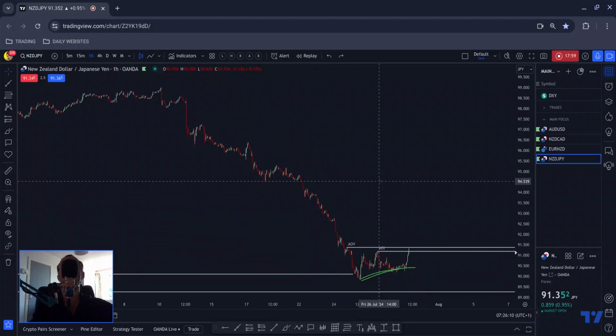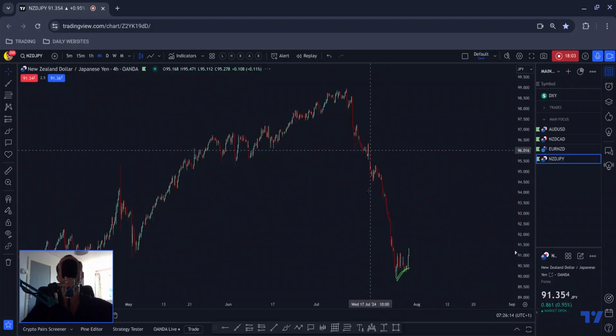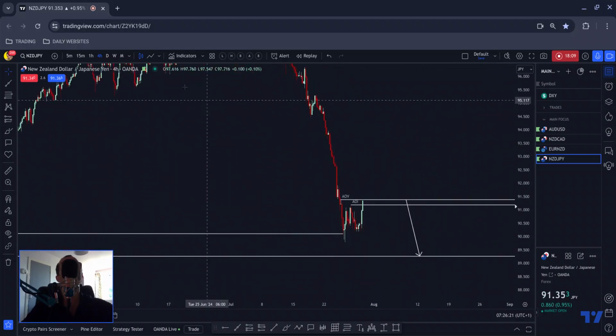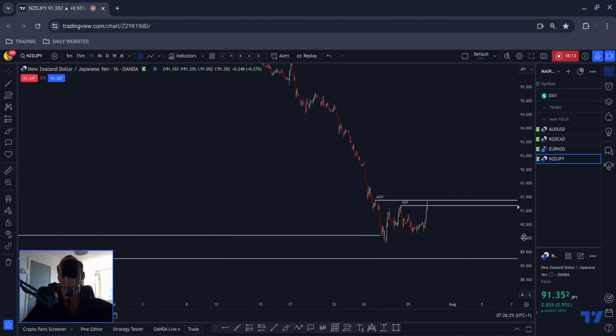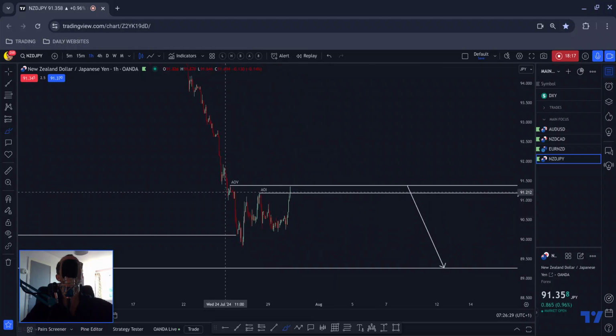But what I'm going to be looking for on this pair, I was trying to delete stuff there, but it's not letting me do it for some reason. So what I'm looking for in this pair, if we just zoom in, so we have that structure, we break below, price leaves a footprint, which happens to be the retest at the back end of that.